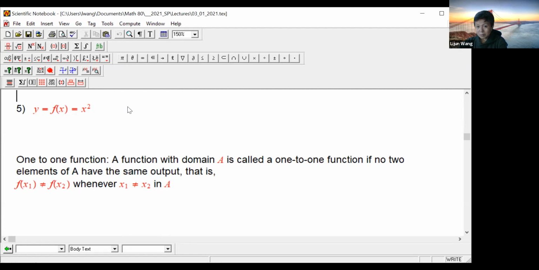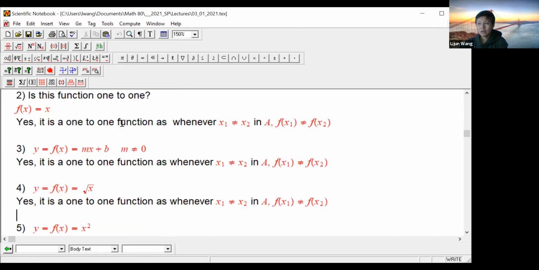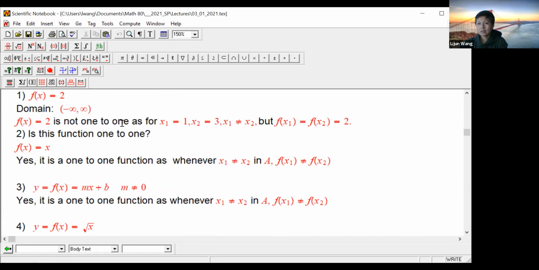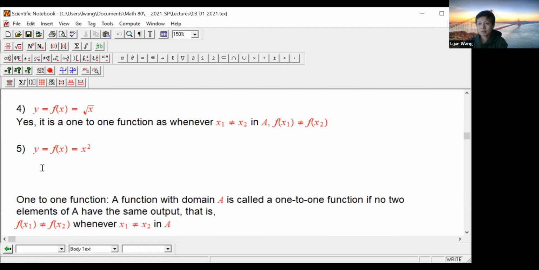I'm going to wrap this up, okay? And the answer is, it is not. Okay, why? Because, no, it is not a one-to-one function.